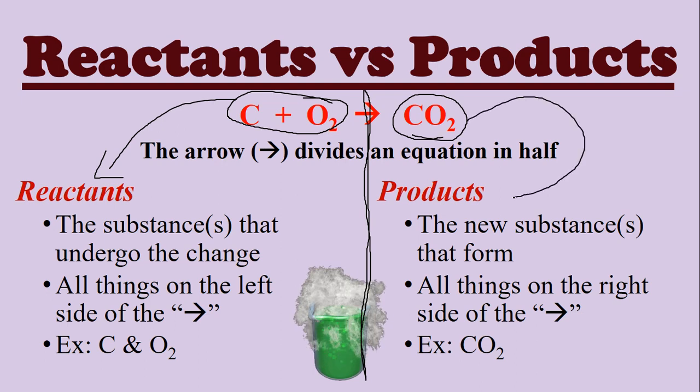CO2 is known as the product or products, depending on how many there are. These are the new substances or substance that forms during the reaction. It's always to the right of the arrow. So CO2, carbon dioxide, is the product.